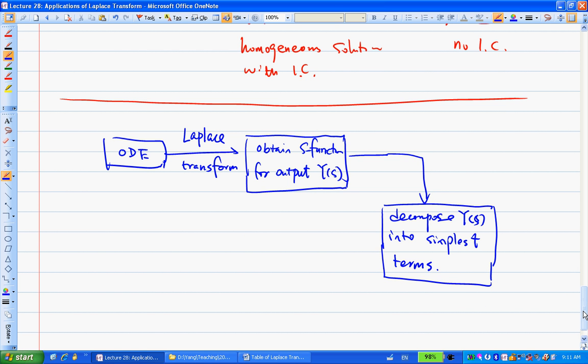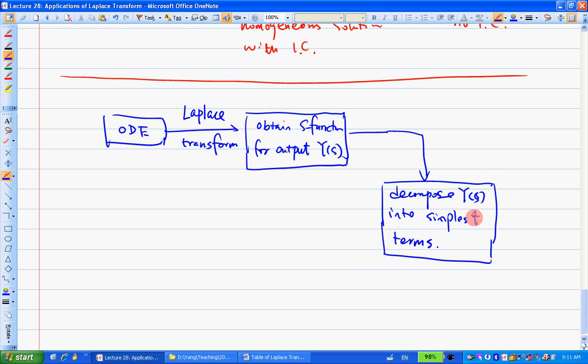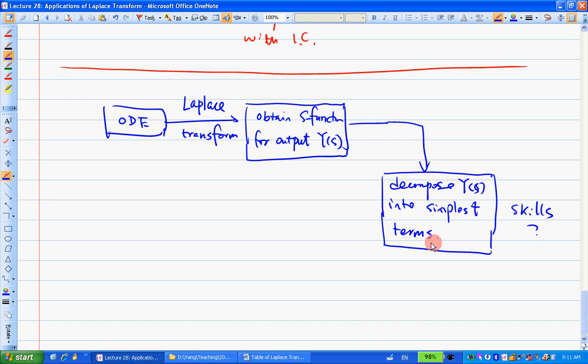Simplest meaning the kind of format that you can find in the table that you have. This step needs a little bit of skill, so we're going to look at different kinds of skills in terms of how to decompose this Y of S into the simplest form. Sometimes it's very easy, sometimes you need a little bit of refining.